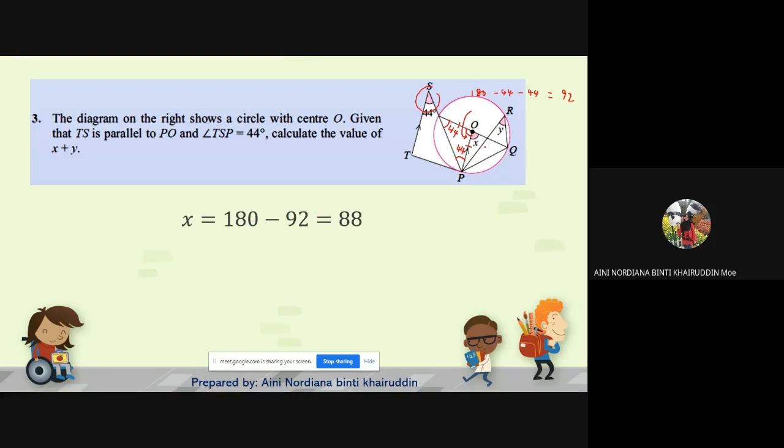So x is 88. Y is the angle at the circumference, so it is half of this angle at center. So y equals to 88 divided by 2, which is 44. So x plus y equals to 88 plus 44 equals to 132.